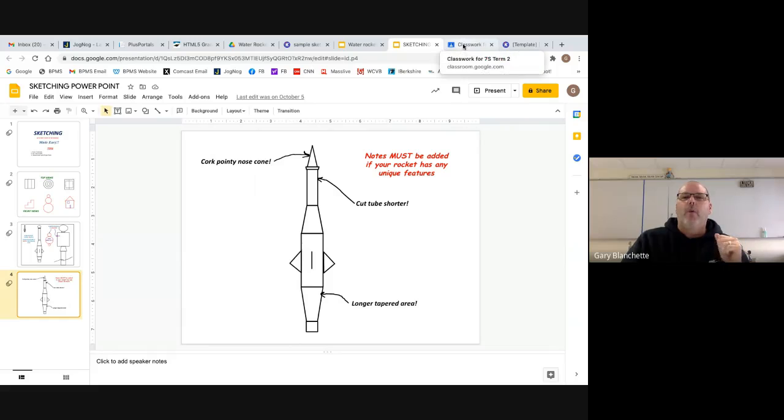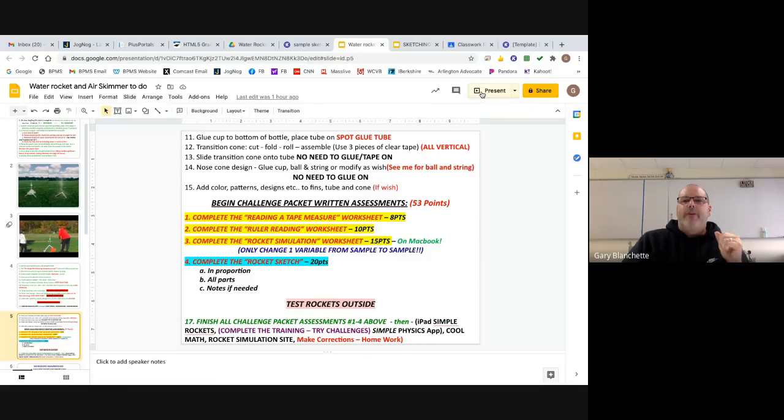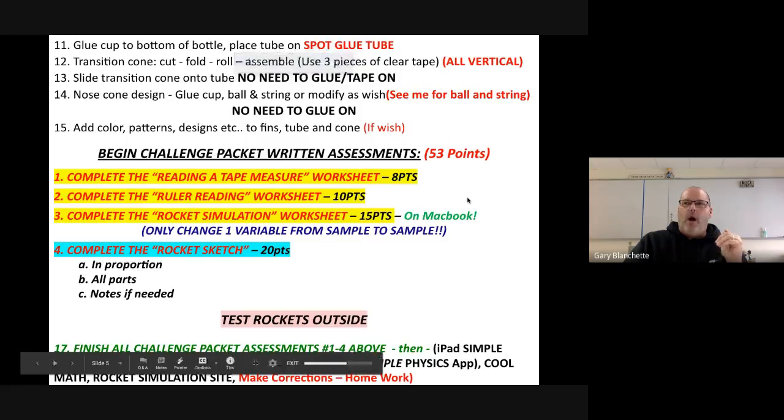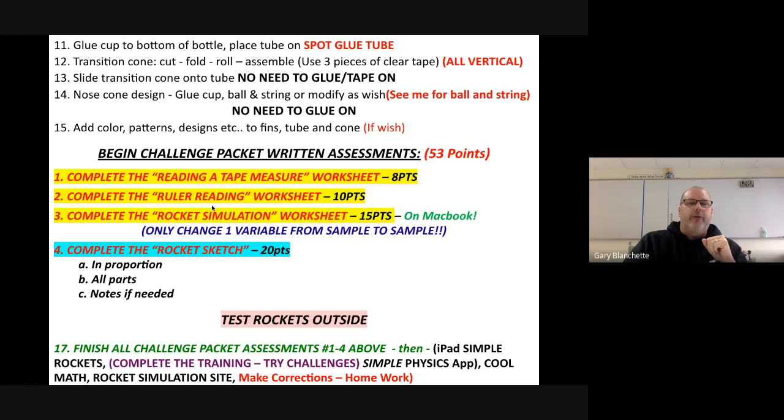Right? So where we are now is you have 4 things that we need to finish to complete the water rocket challenge. Hopefully you're done with the first 3. If not, you finish them, make corrections on them, get them submitted in, then you're ready to start your sketch. We said you can do one of 2 things for your sketch.